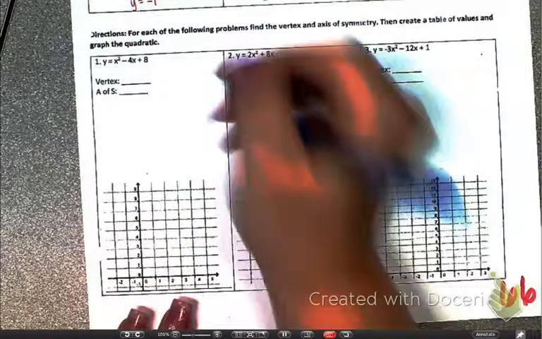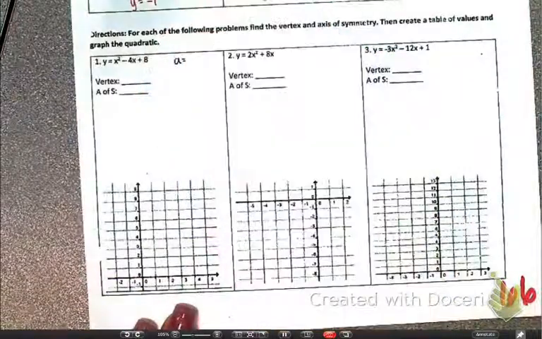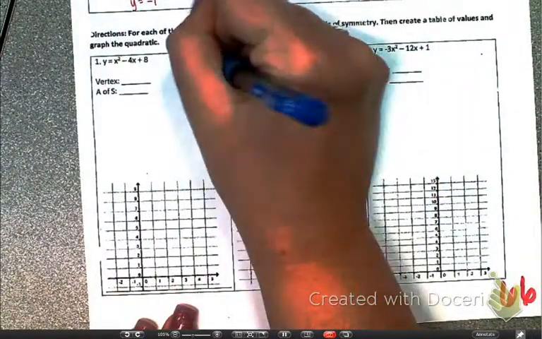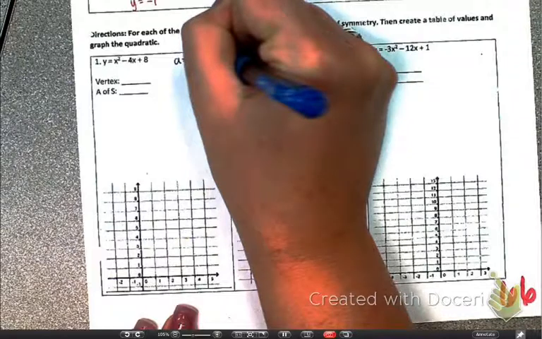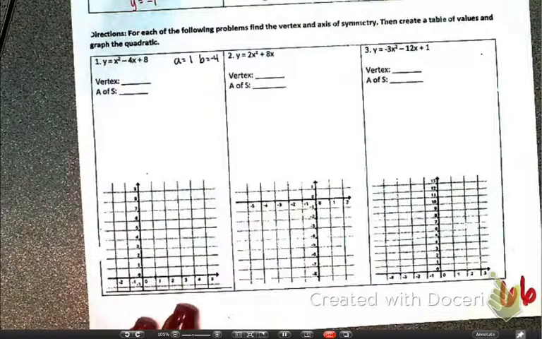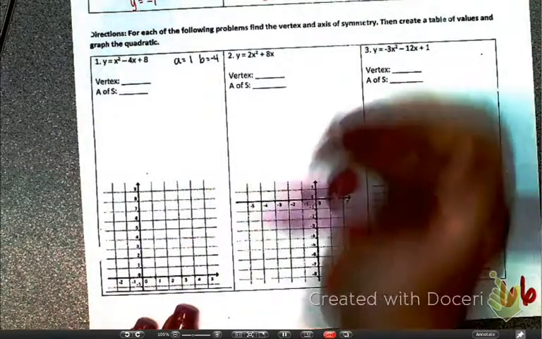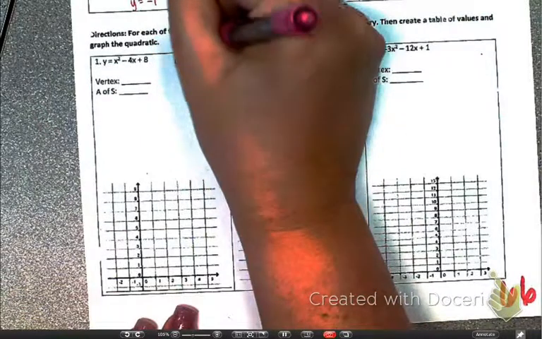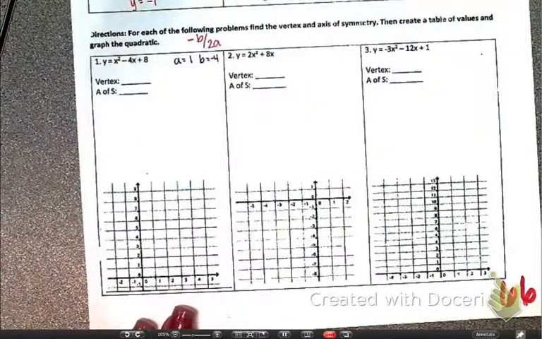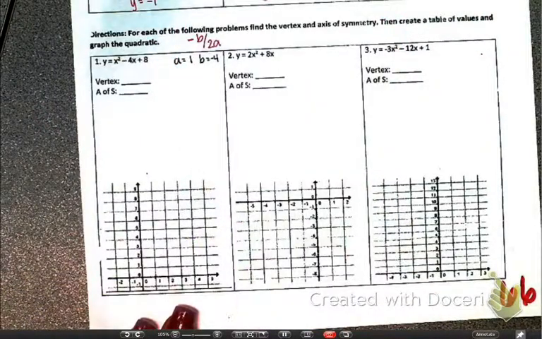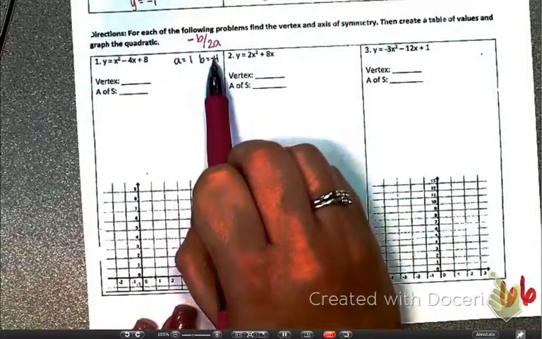So what is A for number 1? And what is B? Okay. A is 1, B is negative 4. I'm plugging that into negative B over 2A. So it's already negative, and I'm plugging in negative 4.